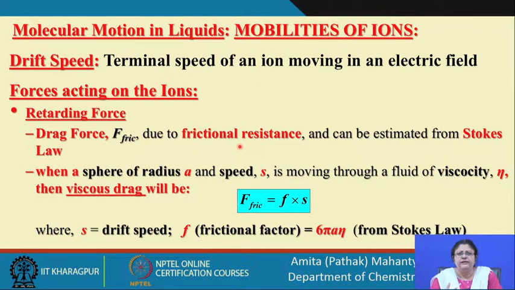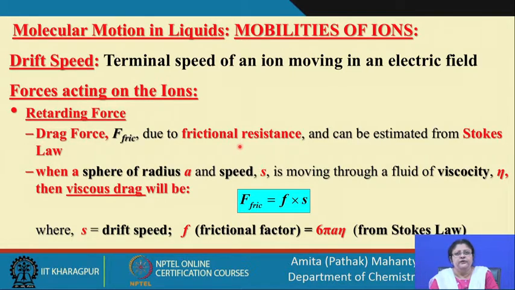So, we are visualizing the ions as a sphere of a particular radius, moving with a particular speed s through a fluid medium having a viscosity eta. The dragging force is due to the frictional resistance. This drag force, the viscous drag acting on the ions in solution, is nothing but the frictional factor into the terminal speed or drift speed.